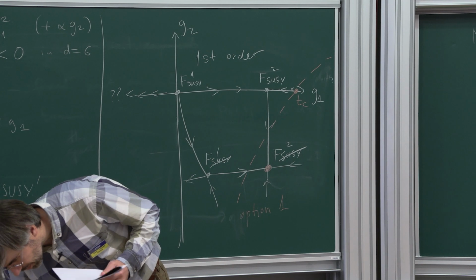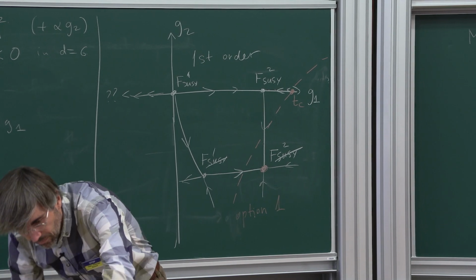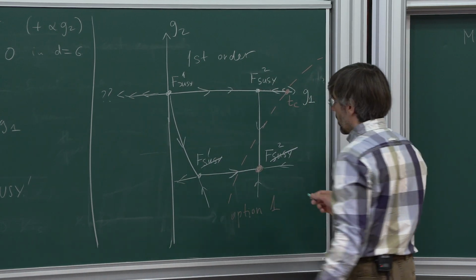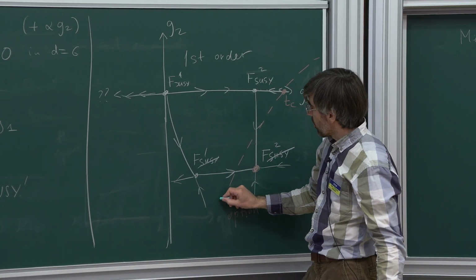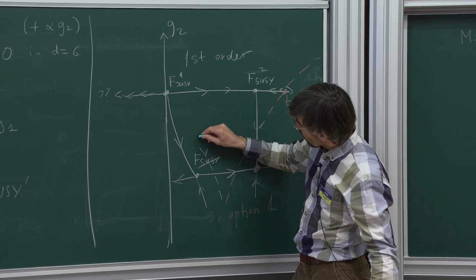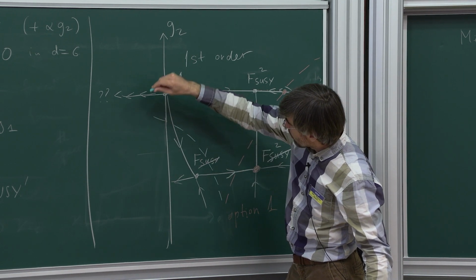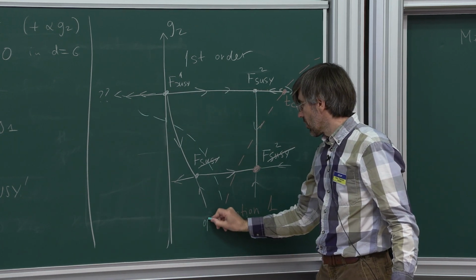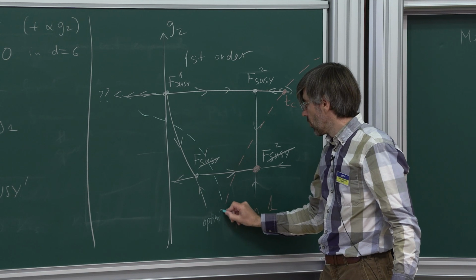But that's not the only possibility. You can be unlucky, and you can, for example, suppose that you do a variation, and then somehow your curve bends in this direction. This is option 2.